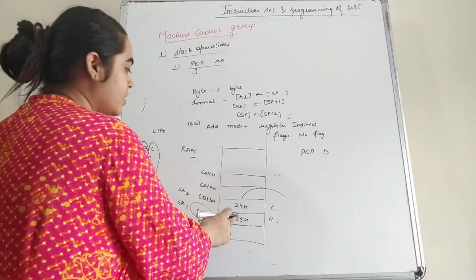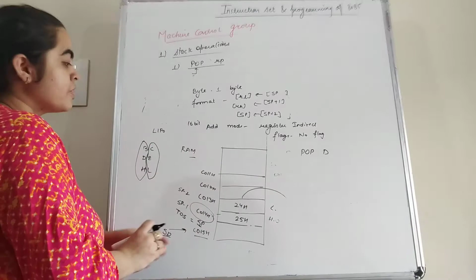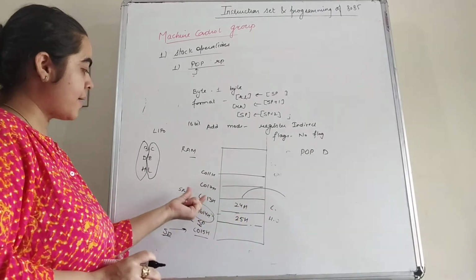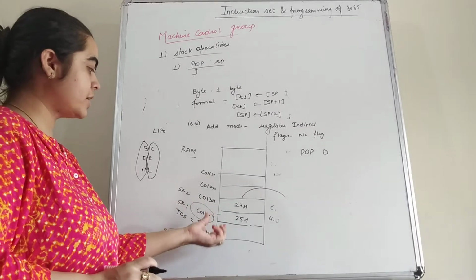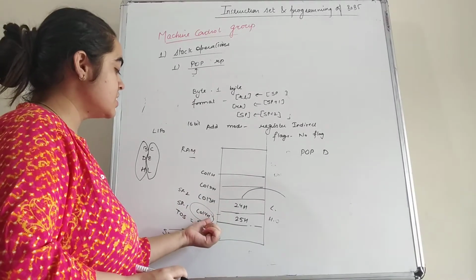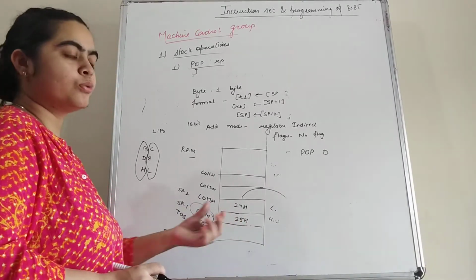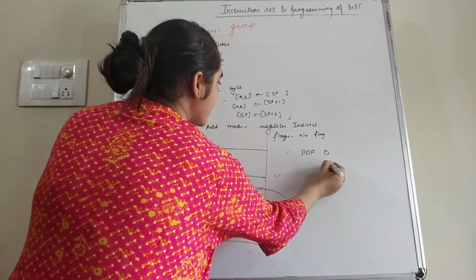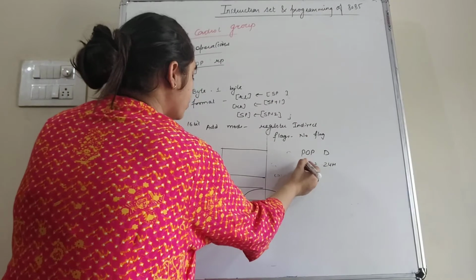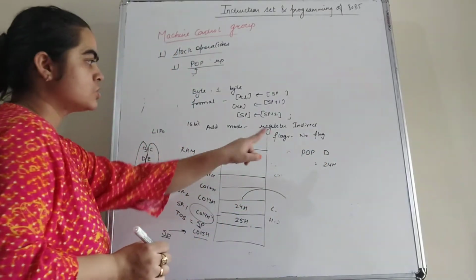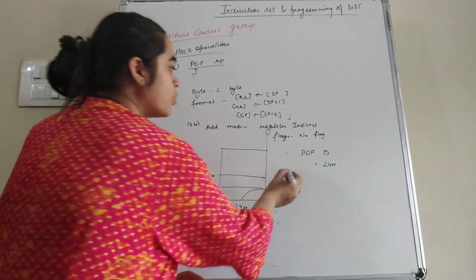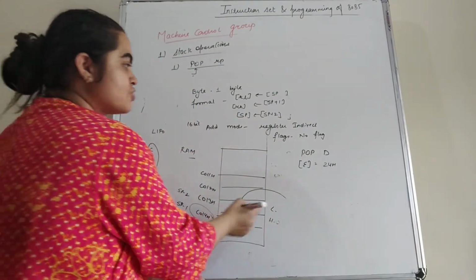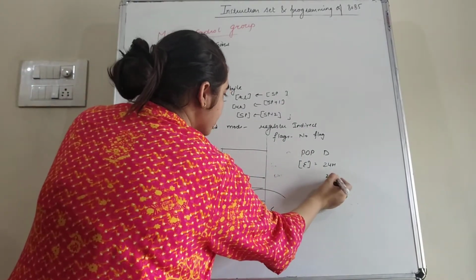For example, in our stack area, we have the value 24H, the lower order byte, at memory location C013H, and at memory location C014H we have the value 25H. After popping, 24H goes into the lower order byte. In the case of the DE pair, the lower order byte register is E, and 25H goes into the higher order byte register.